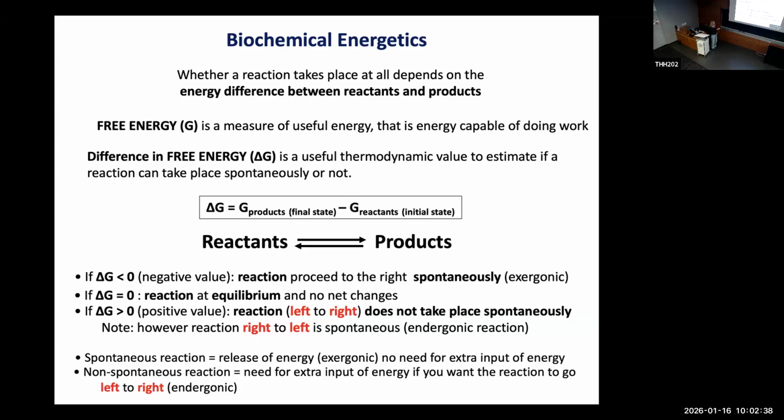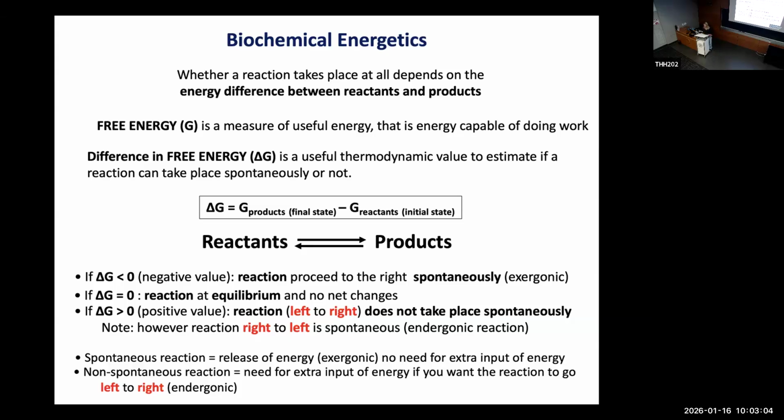If a delta G is 0, that means the reaction is at equilibrium. We would have an equal tendency to form products as reactants. It might be going back and forth, but it's happening at the same rate, so there's no net formation of products or reactants at that state. And if a delta G is positive in the forward direction, that reaction does not take place spontaneously.